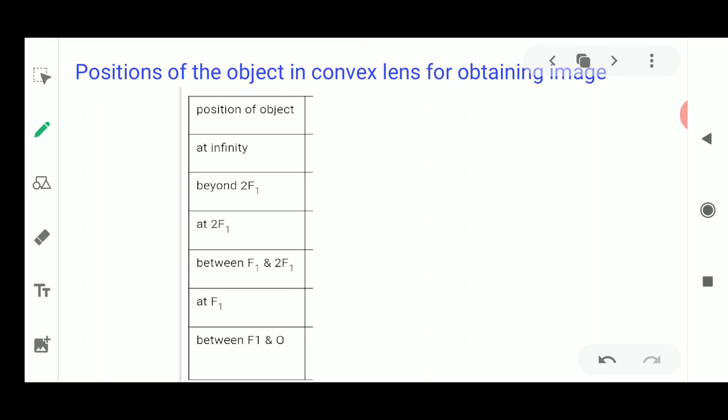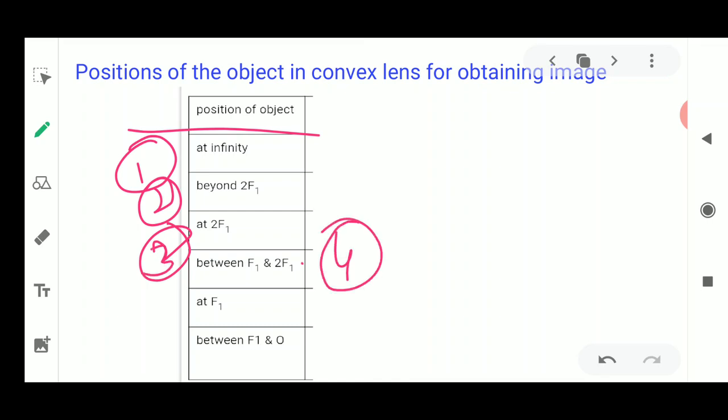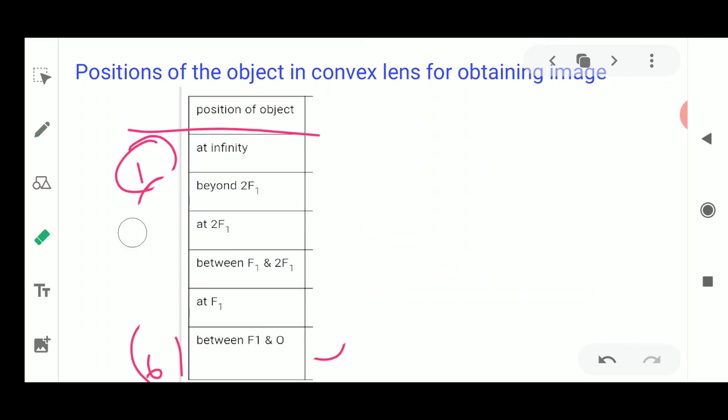The first is the object at infinity, then beyond 2f1, then at 2f1, then between f1 and 2f1, then the object could be placed at the principal focus, and lastly between the focus and the optical center. So these are the 6 positions upon which the objects are placed, and then we can obtain the various images formed by this convex lens.